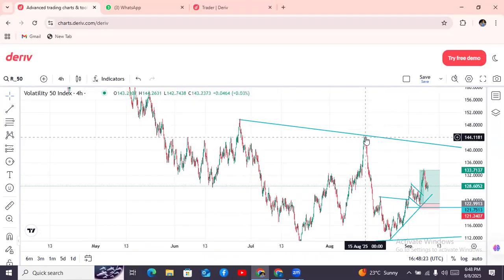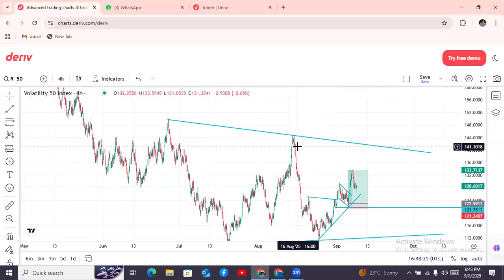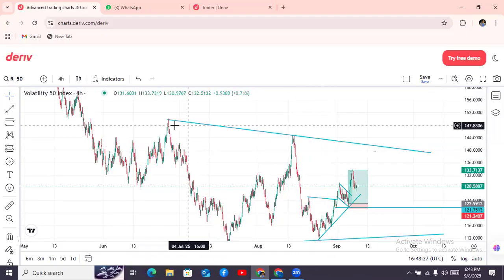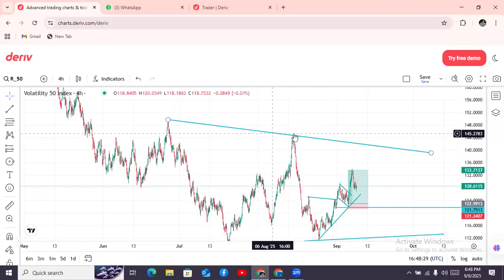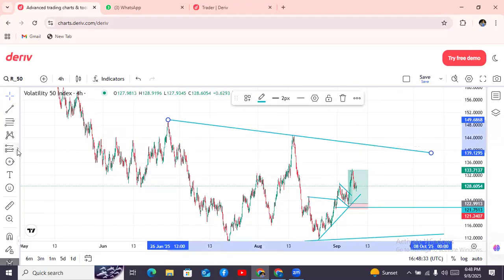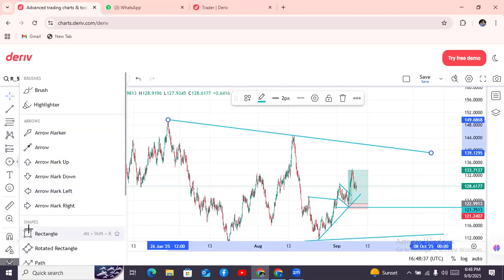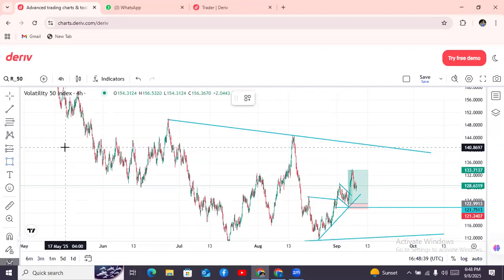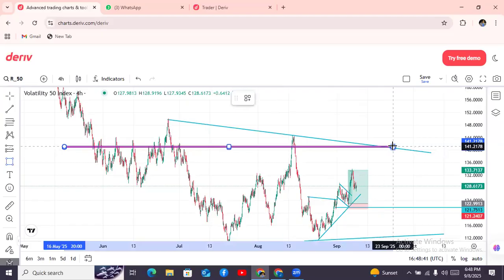And this level coincides really with market structure. It's a downtrend. If the market comes to this level, let me just quickly show you where this level is.